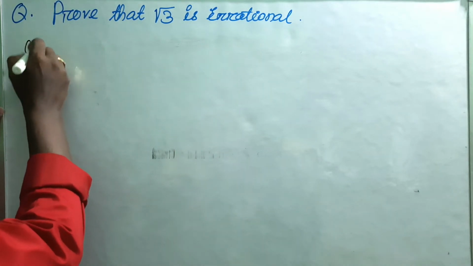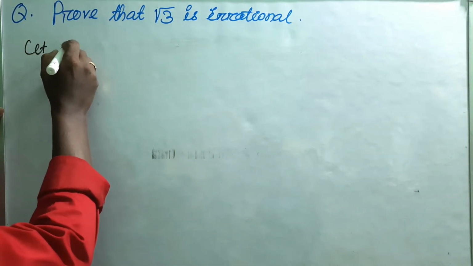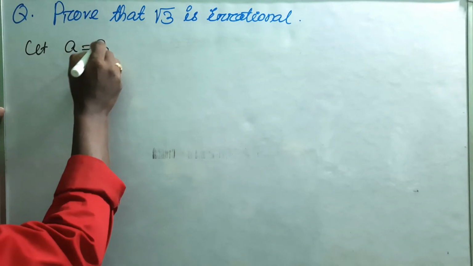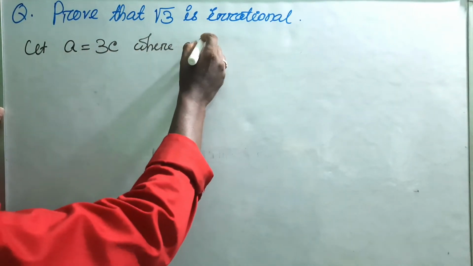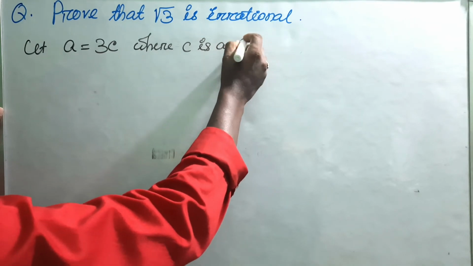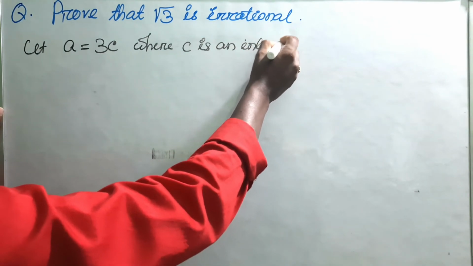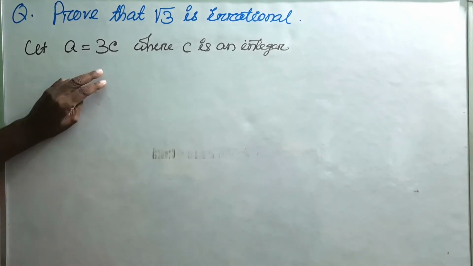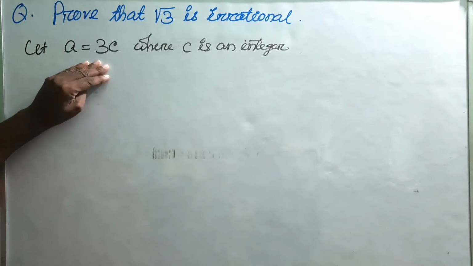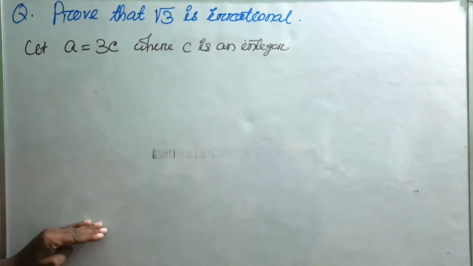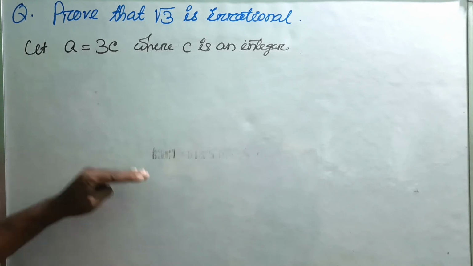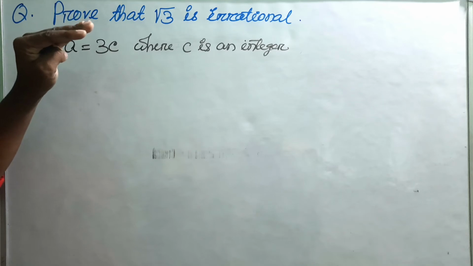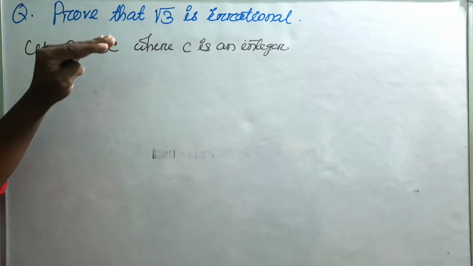Now let us take a equal to 3c, where c is an integer. Now you may ask why we should take a is equal to 3c. What we have proved already is that a is divisible by 3.